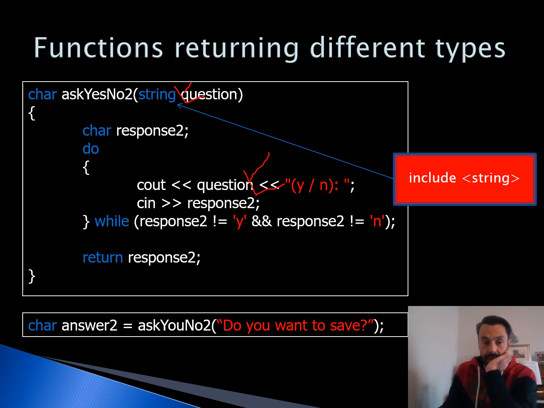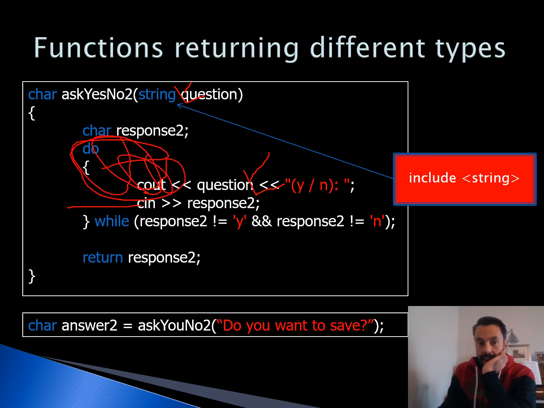So this is the equivalent of console.readline in C#. Then you're saying, well, if response is not equal to y, and response is not equal to n, then it's going to redo this loop. And if it is, return response.